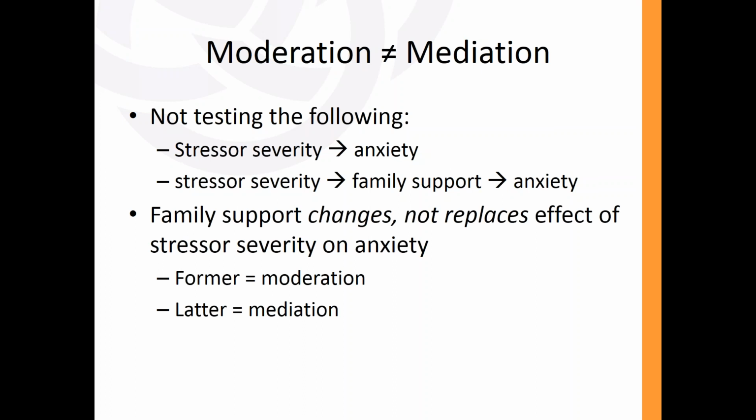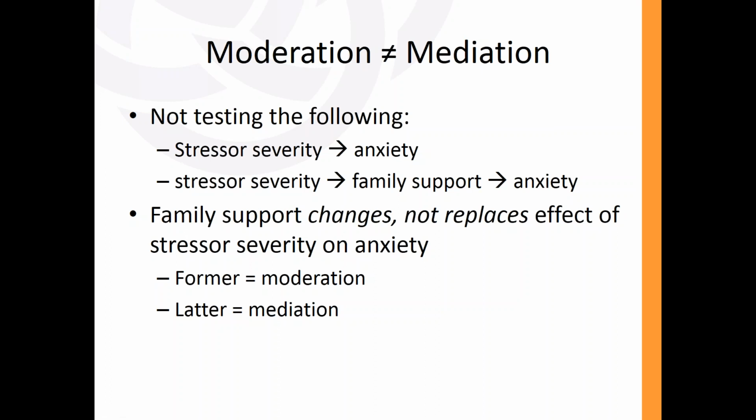The former is moderation, where depending on the level of family support, the relationship between stressor severity and anxiety changes. We're not saying that family support is basically synonymous with stressor severity.